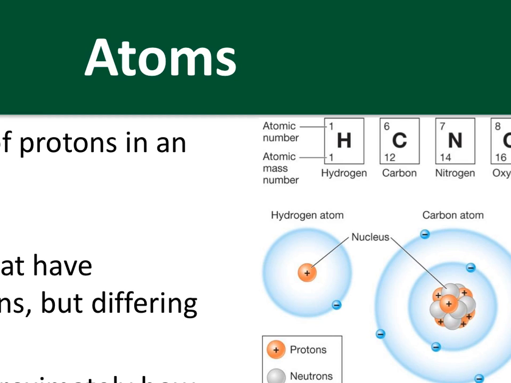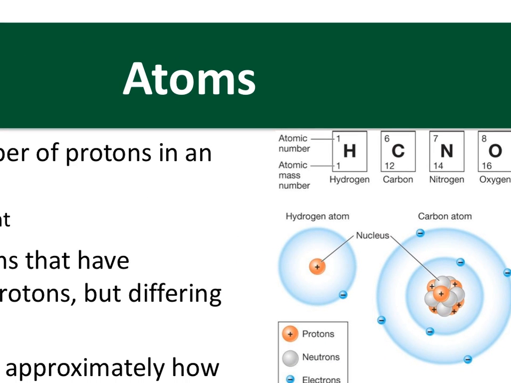Carbon has 6 protons and 6 electrons, and it also has 6 neutrons, but we'll not worry about that, and you can see how it goes. And then the atomic mass number is just a combination of protons and neutrons.